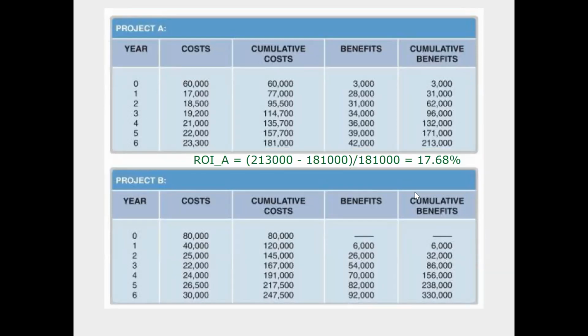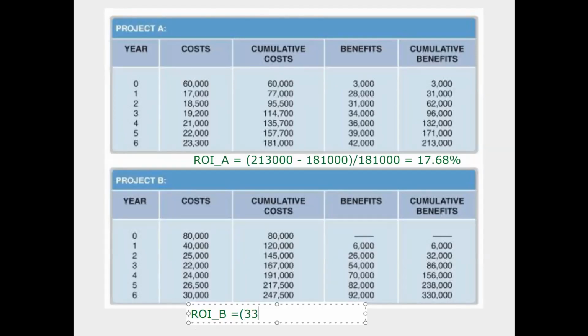Similar to that, can you calculate the ROI for project B? Okay, so let's calculate the ROI for project B as well. First of all, look at the cumulative benefits.